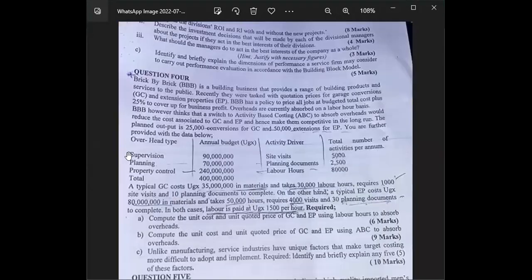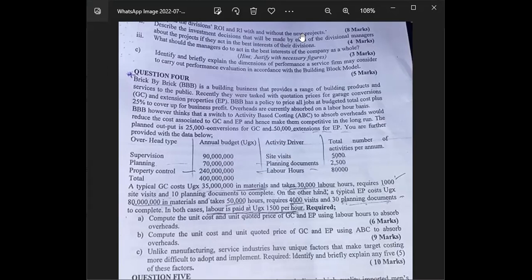So here, they give information as usual. So they say supervision, you use site visits as the cost driver. And they gave you the total, which is 5,000. So the budgeted level of activity for supervision is 5,000 site visits.